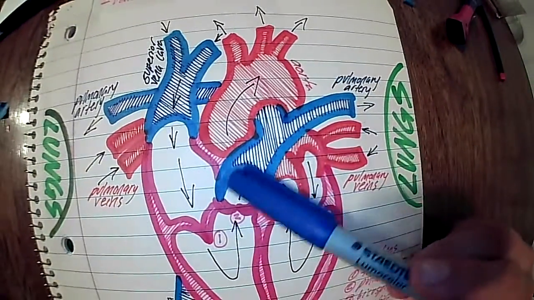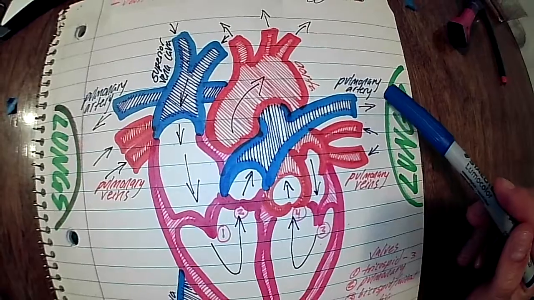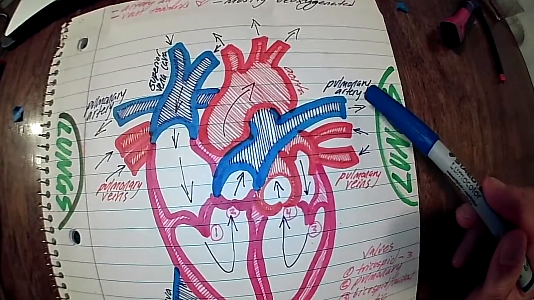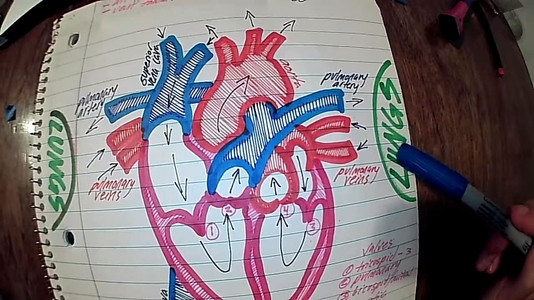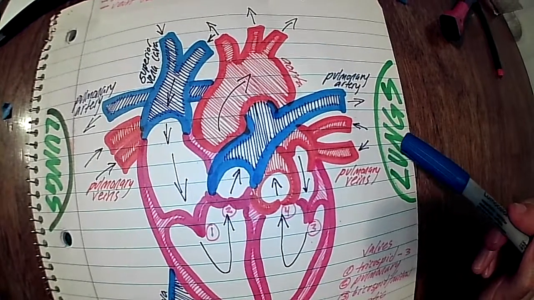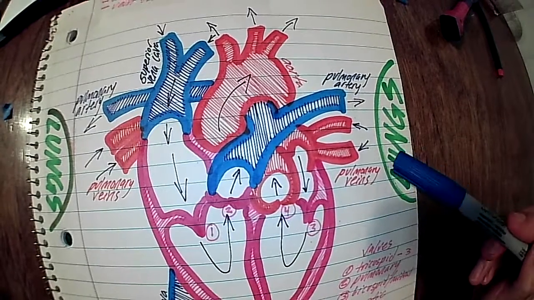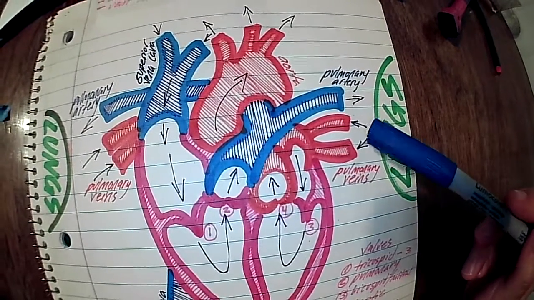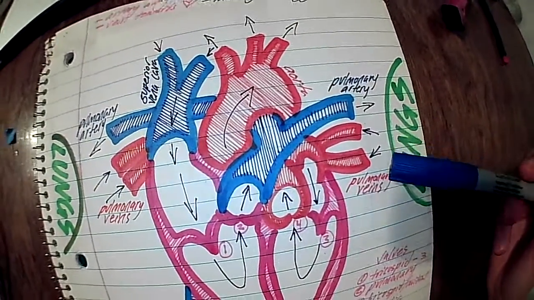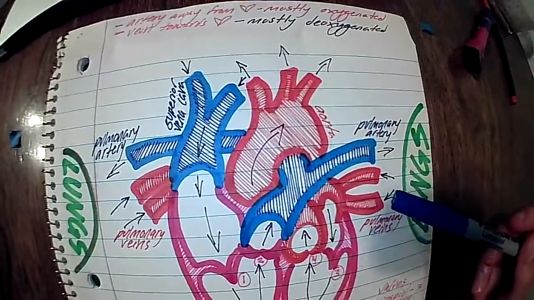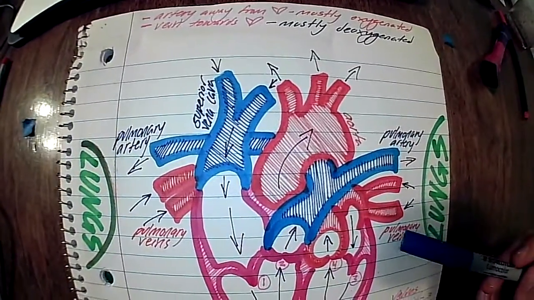So here, the pulmonary artery is going away from the heart, but it is actually carrying deoxygenated blood because it hasn't gone to the lungs to pick up the oxygen yet. And then these pulmonary veins here are actually bringing back oxygenated blood, so that's where it's just a little bit different. That's your only exception. Other than that, it's going to be mostly deoxygenated with veins and oxygenated with arteries.